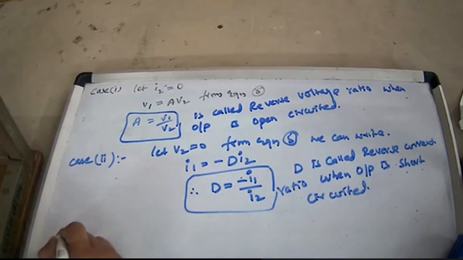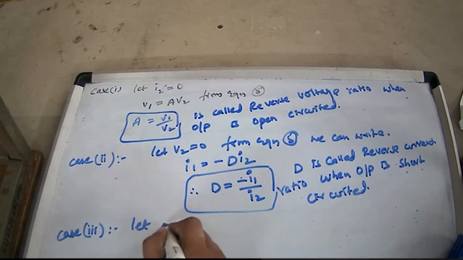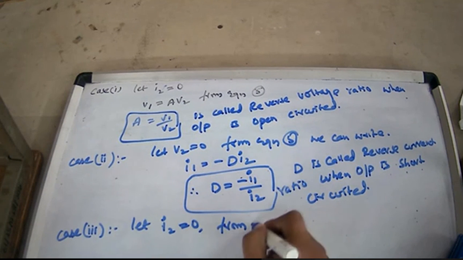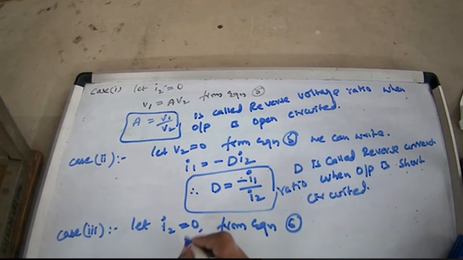Now let's go ahead with case 3. For case 3, let's take I2 is equal to 0. Then from equation 6, we can write I1 is equal to C V2. Therefore, C is equal to I1 by V2.